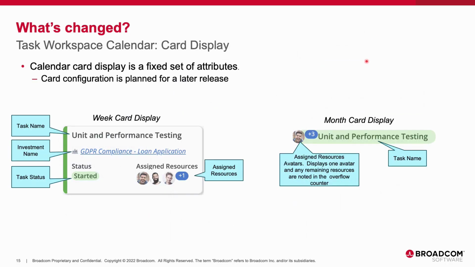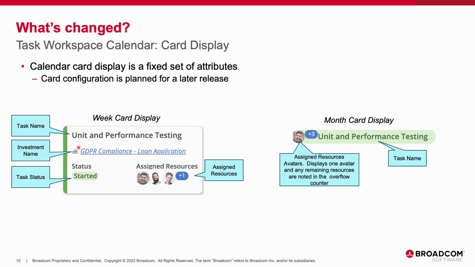So here's the card display for both the week and the month range. Note the fields within each of the card displays are not configurable, and that's targeted for a later release. Let's first cover the week card display, which is the same as what is displayed within the board. You have the task name up top and the investment name below it, which is linkable, with an icon that identifies the investment type.